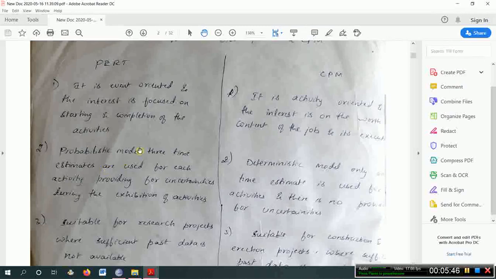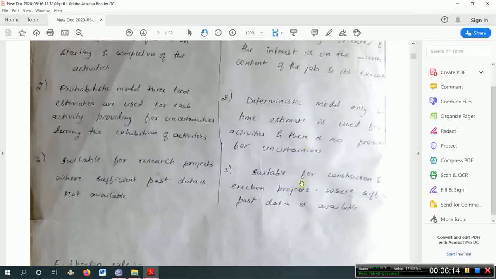Now in the PERT analysis, the industry people will calculate that and give the probability. Is it possible to complete the given work in the time scheduled by the customer? They will give the probability in terms of percentage. If it is completed within the given time, the probability will be near 100%. It is possible to complete the project within the given time, like that.